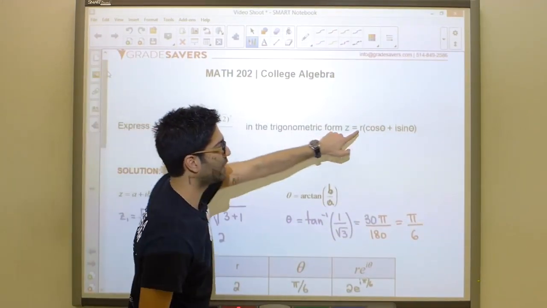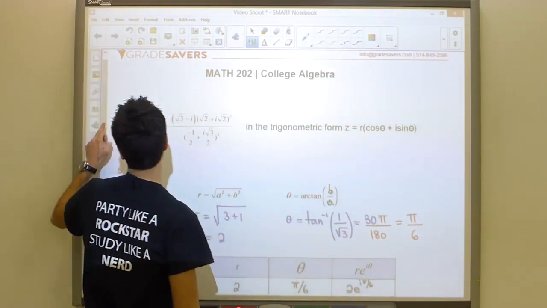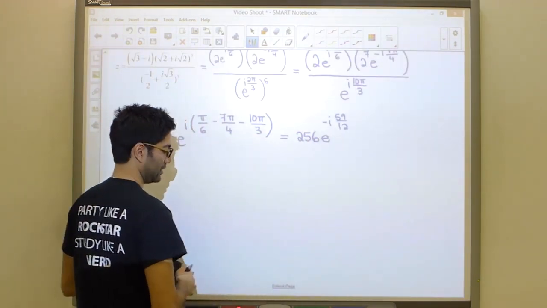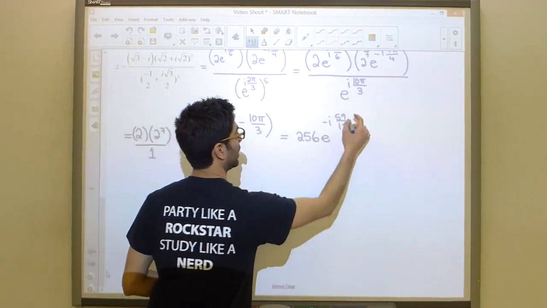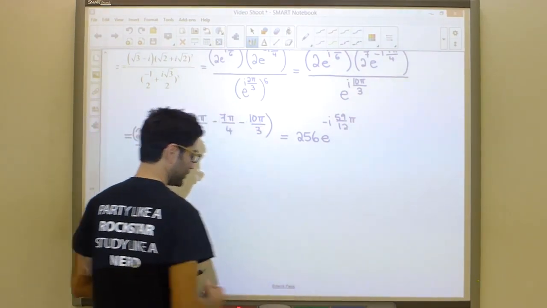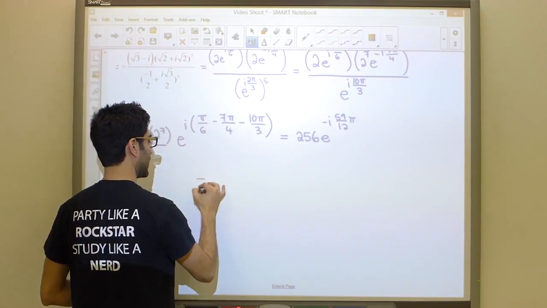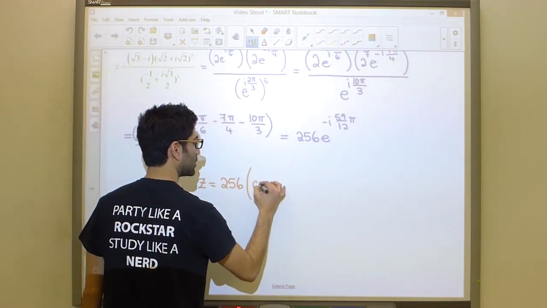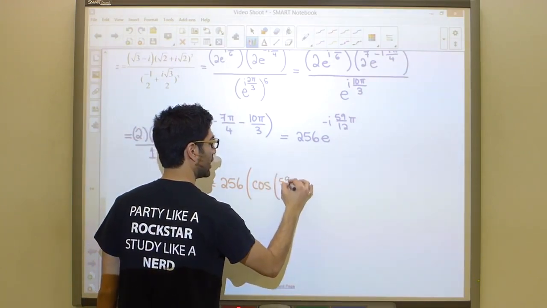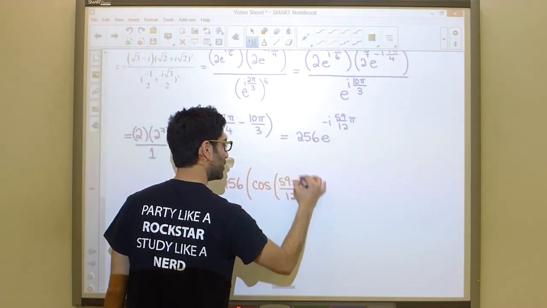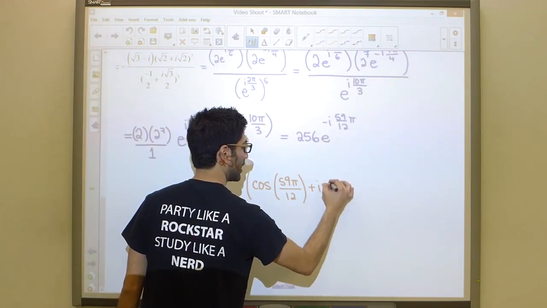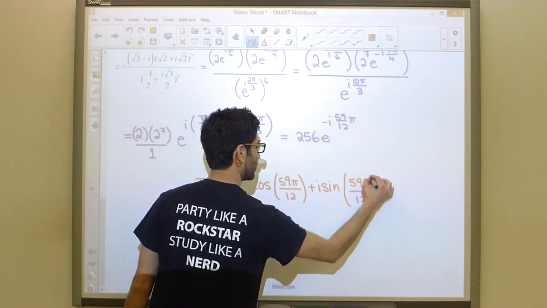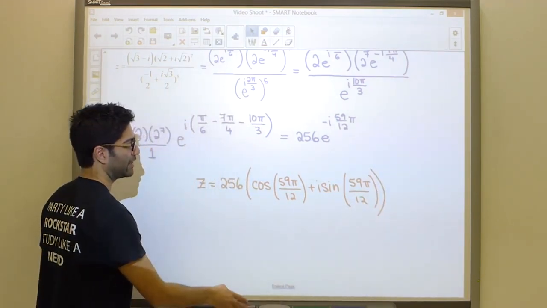That format simply requires that we have r and theta, and we have both of those. Our r is 256, theta is negative 59 over 12 pi. Final answer here: z equals 256 cos of negative 59 pi over 12 plus i sine of negative 59 pi over 12. And there you have it, guys.